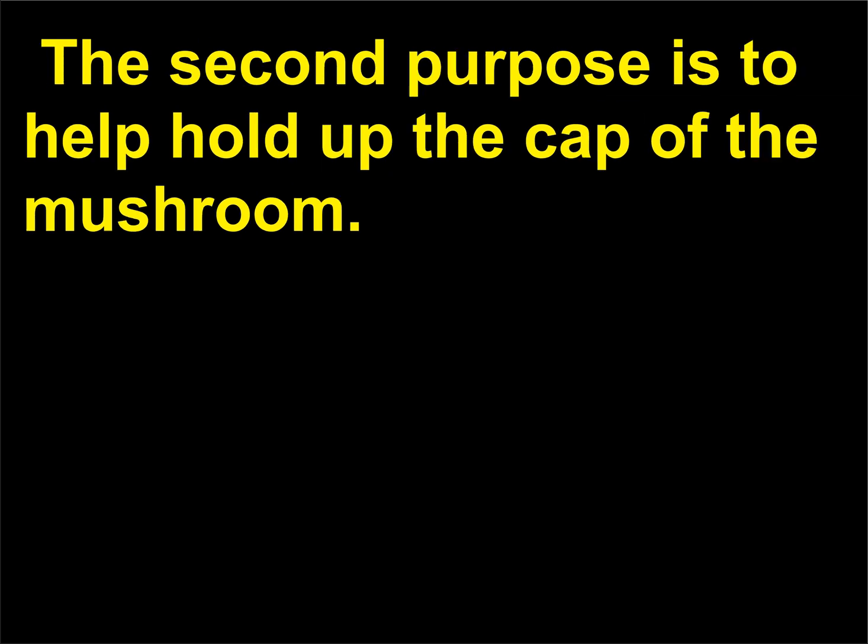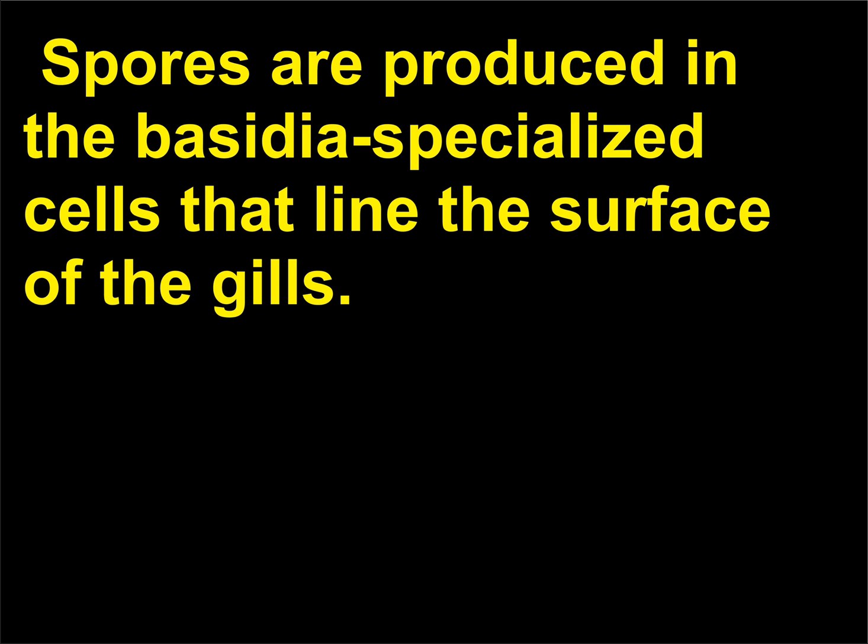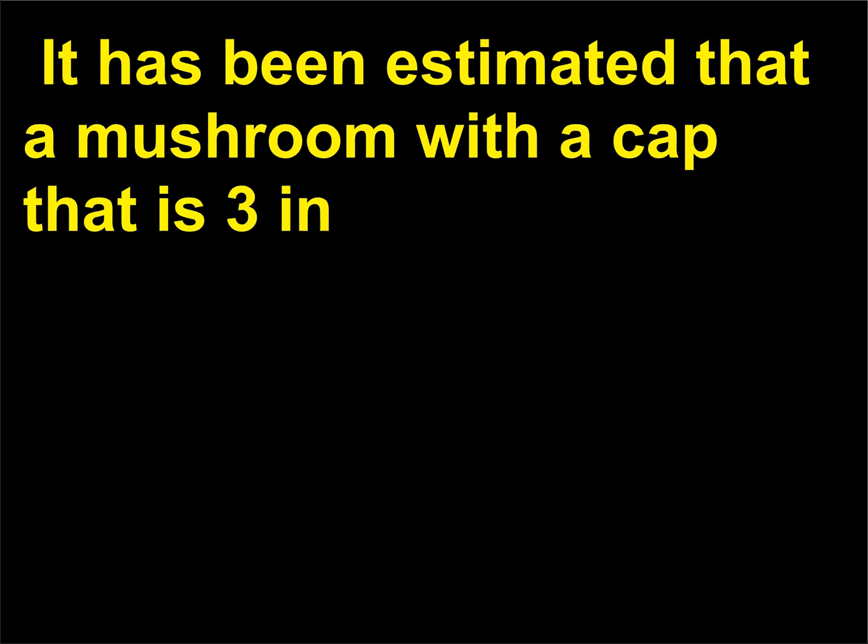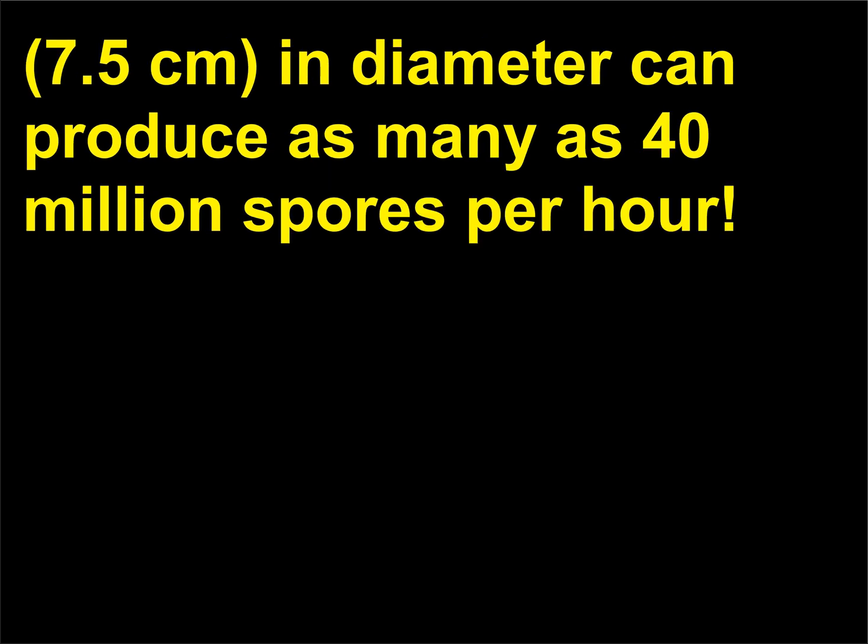The second purpose is to help hold up the cap of the mushroom. Spores are produced in the basidia, specialized cells that line the surface of the gills. It has been estimated that a mushroom with a cap that is 3 in (7.5 centimeters) in diameter can produce as many as 40 million spores per hour.